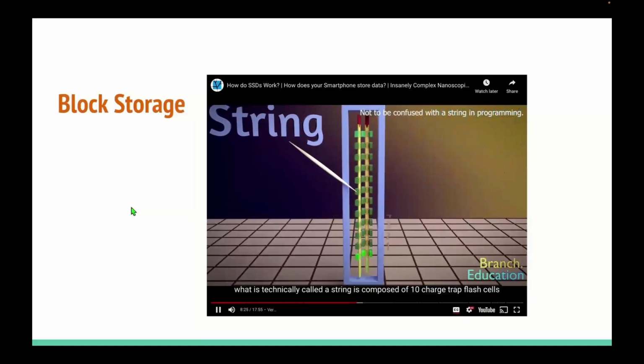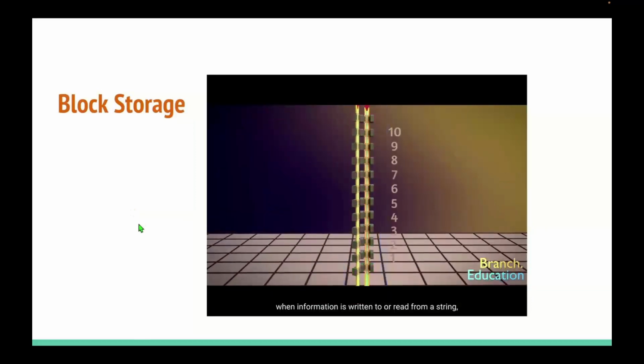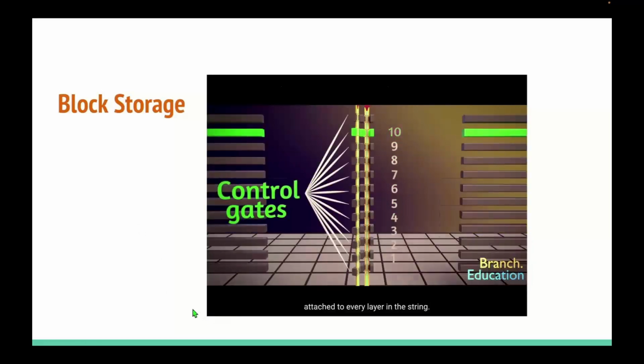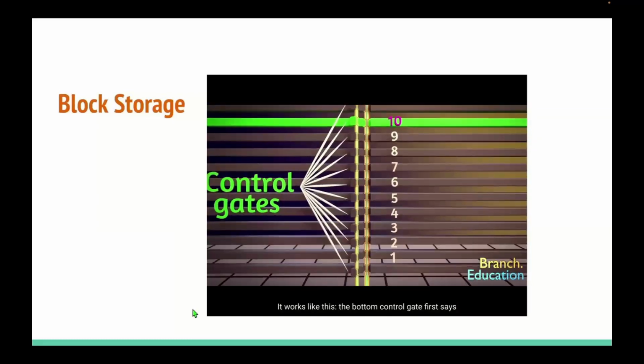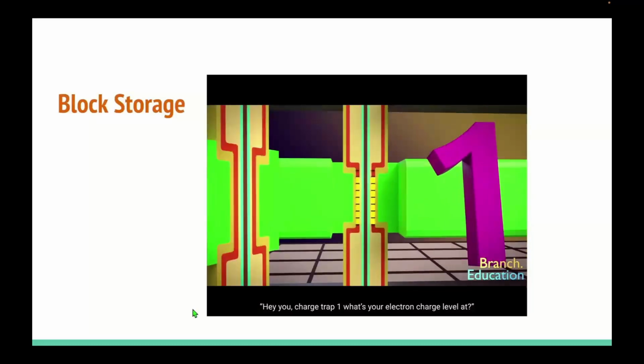Composed of 10 charge trap flash cells layered one on top of another. When information is written to or read from a string, only one cell can be activated at any given time. And to do that, we use separate control gates attached to every layer in the string. It works like this. The bottom control gate first says, "Hey, you, charge trap 1, what's your electron charge level at?"